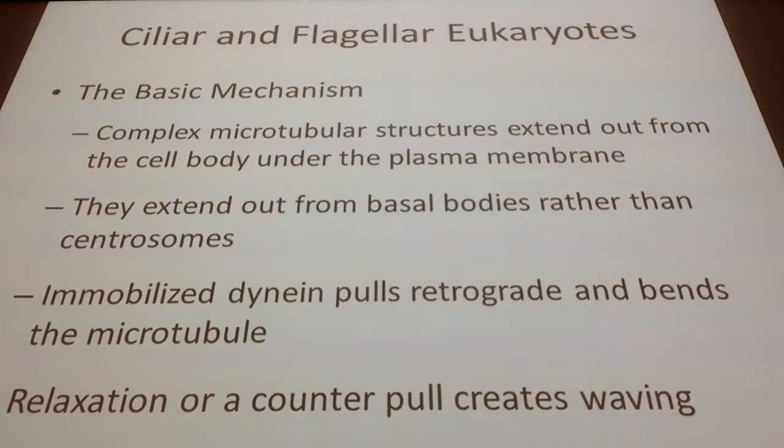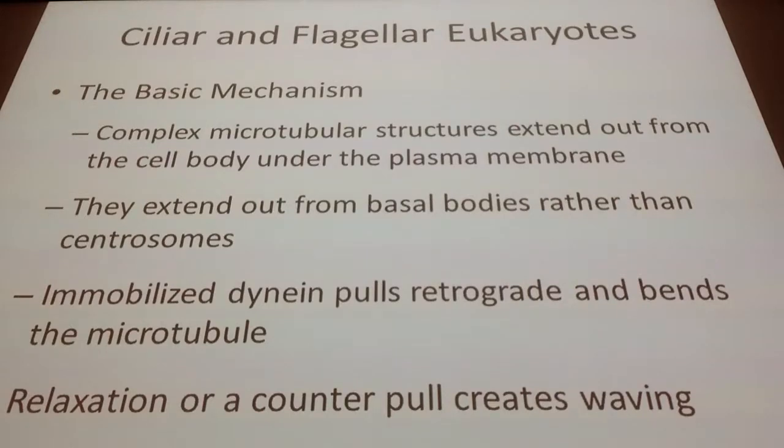In that case, for intracellular movement, dynein is free. But in flagella and cilia, the dynein is actually fixed. The dynein heads are right here, and the tail is fixed onto another microtubule. So it's not free to carry material.